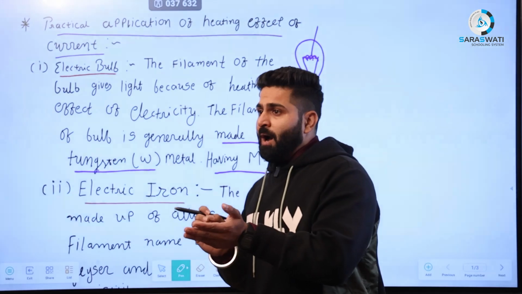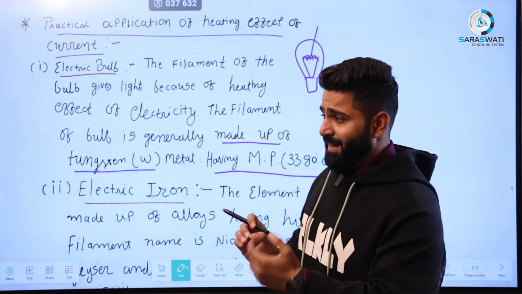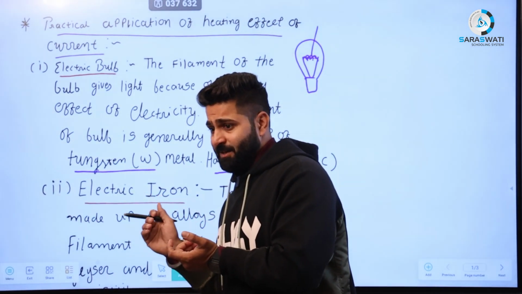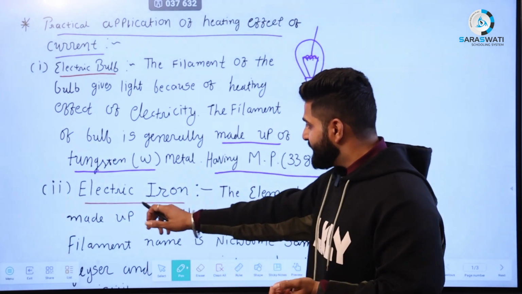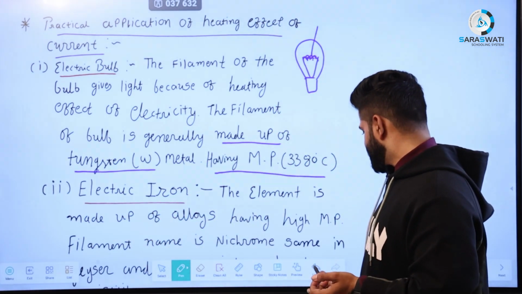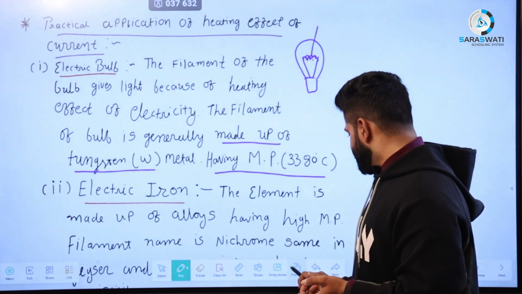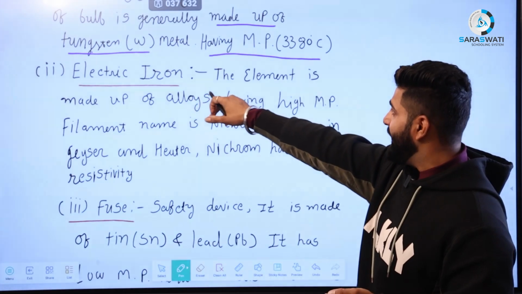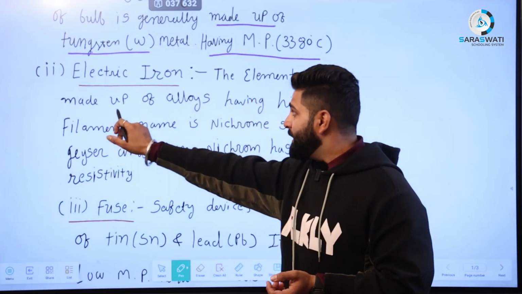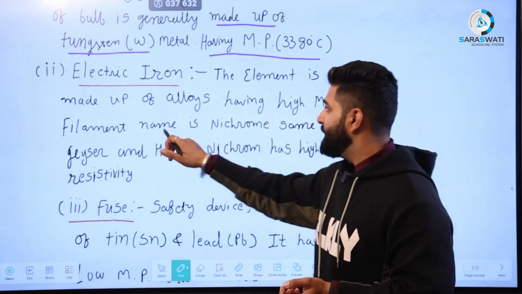When current is passed through a highly resistive metal, more heat is produced. Hence, in the electric iron, the element is made of an alloy having a high melting point.